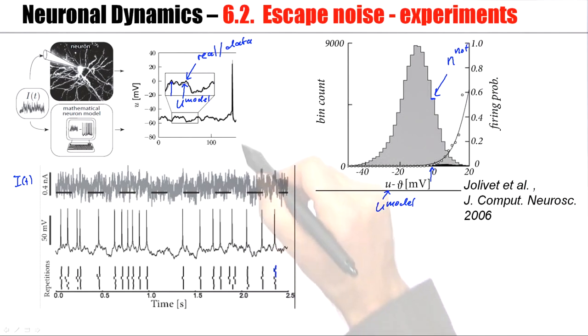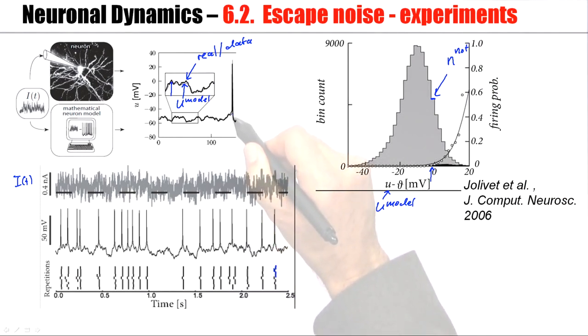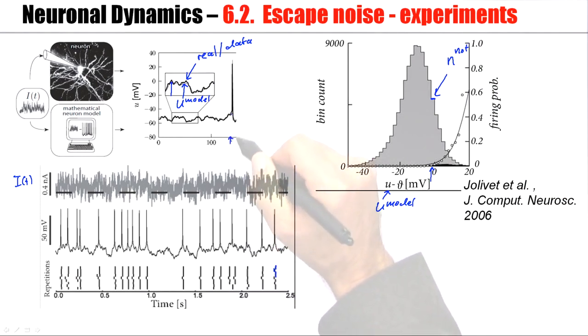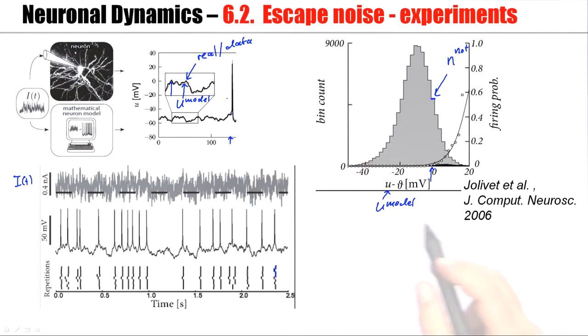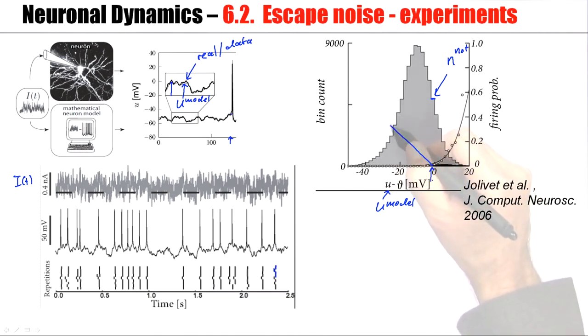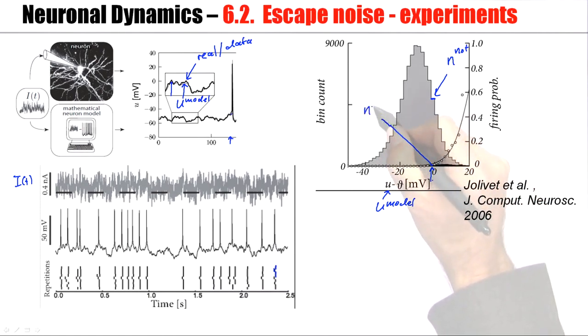But from time to time, for the same voltage of the model, the neuron actually fires. So I also have instances where for this very same voltage the neuron fires, and that's the black part here. There are very few instances, but they exist. So this black part would be the N firing at the same voltage.